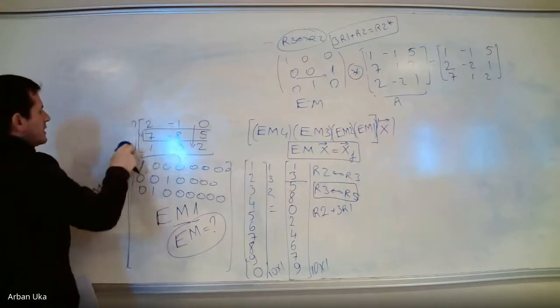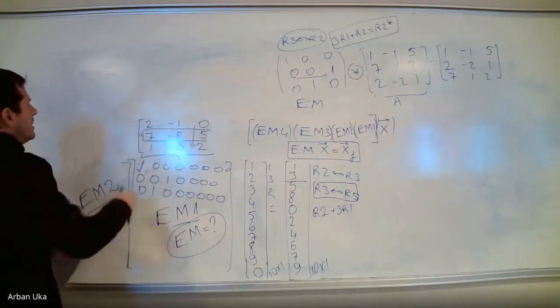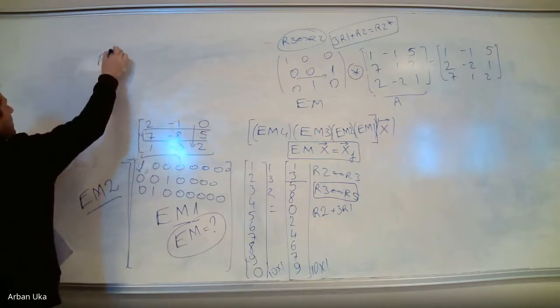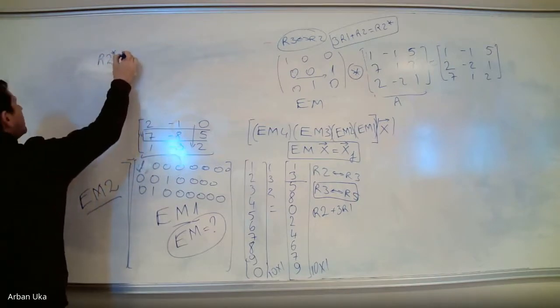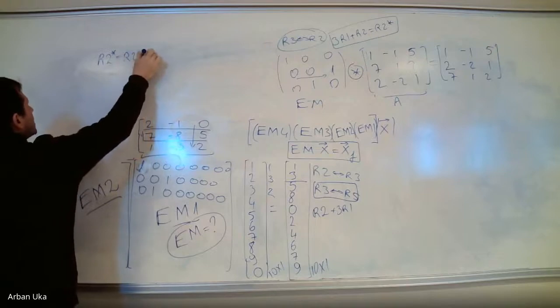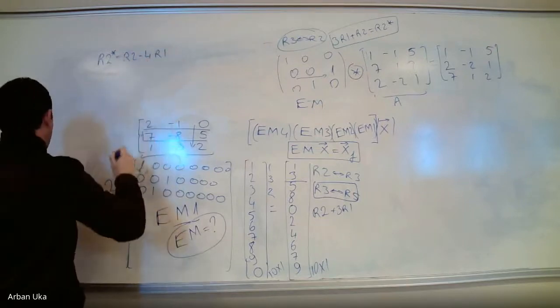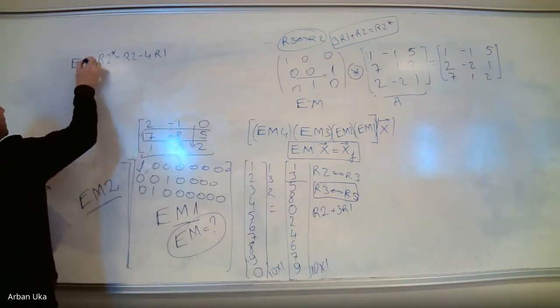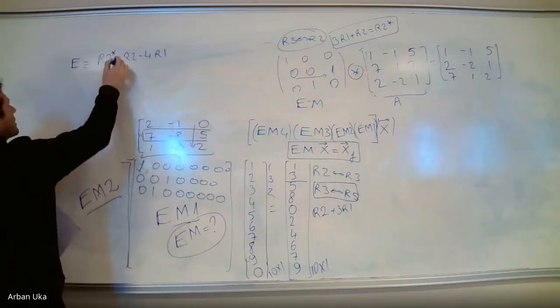Let's give this matrix a test. Let's assume that we have a row operation, which is row 2 star equals row 2 minus 4 row 1. And this is an elementary row operation, so this is equivalent to this.